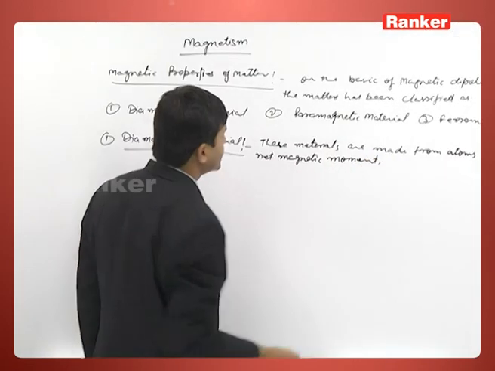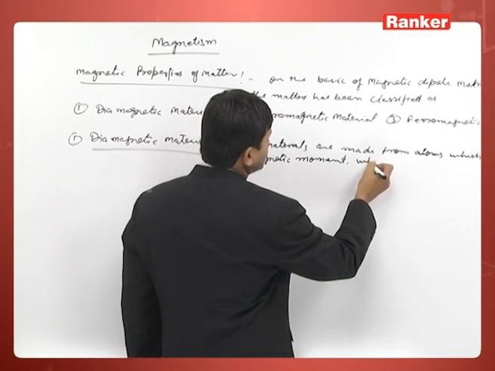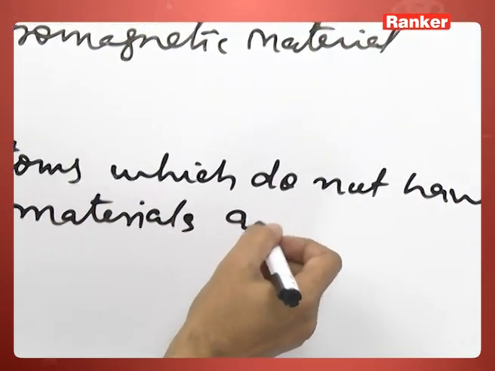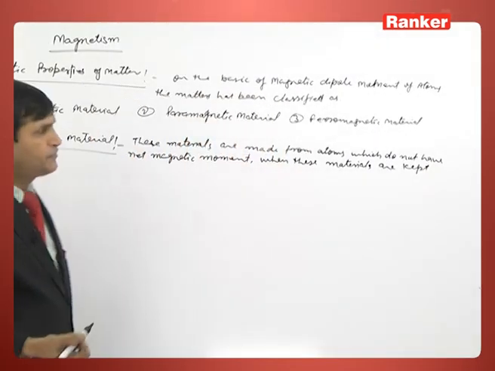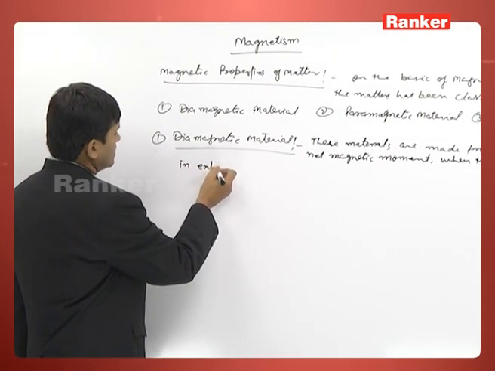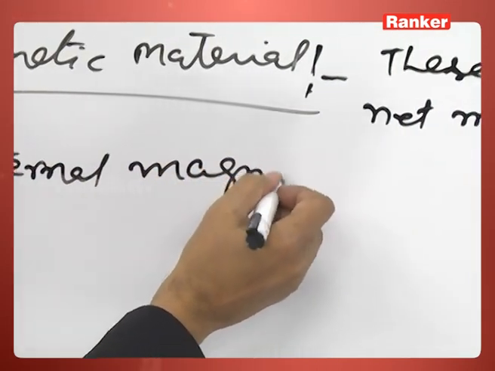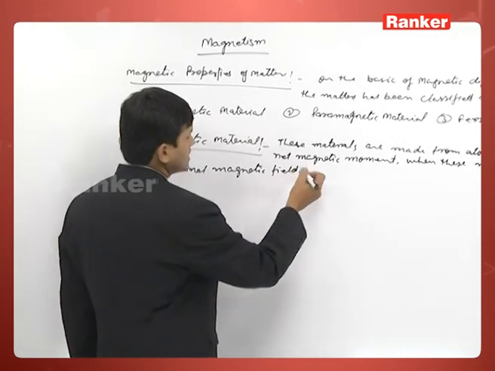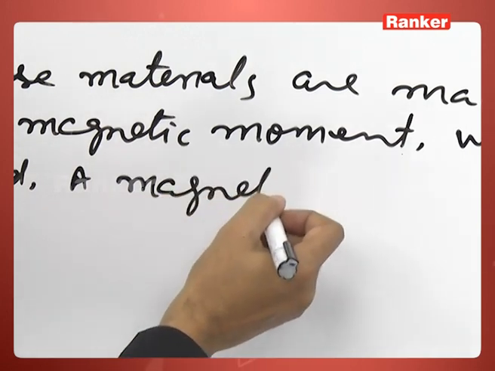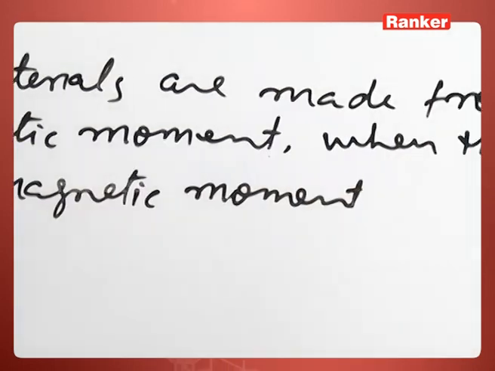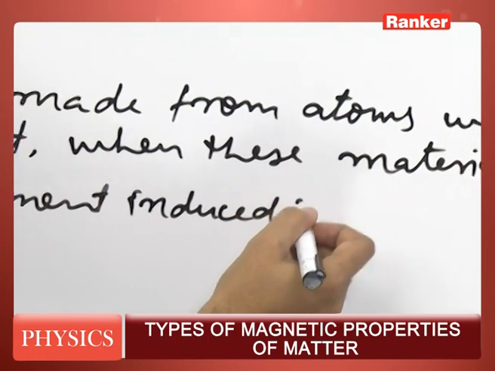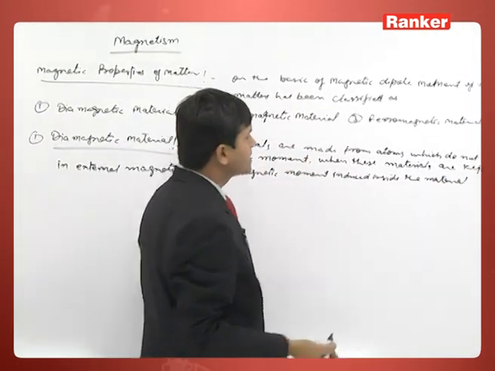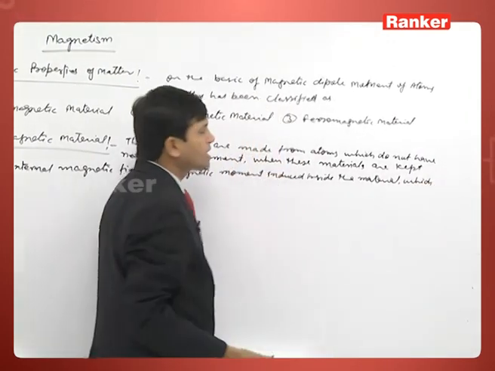When these materials are kept in an external magnetic field, a magnetic moment is induced inside the material, which opposes the external magnetic field.